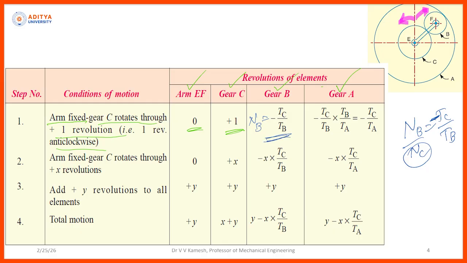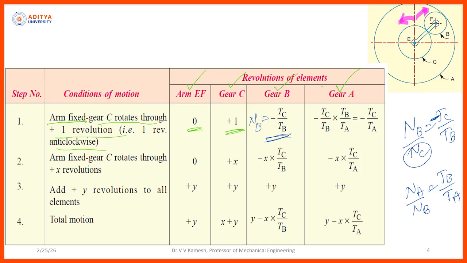After that, what about gear A? Of course, the speed relation will be the same, only the direction is either the same or opposite. NA by NB is equal to TB by TA. I want the relation NA by NB is equal to TB by TA.